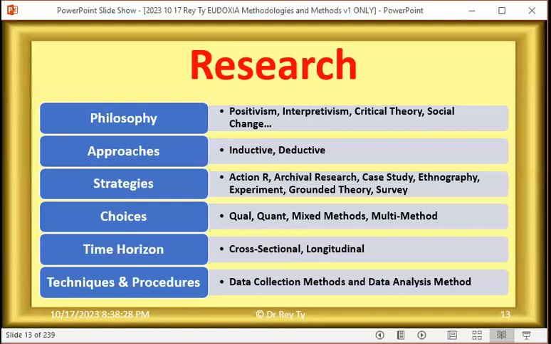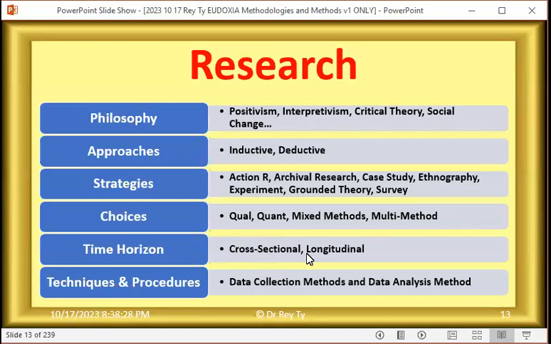Imagine Harvard does not look at metadata, rather it looks at one case and looking at it deeply and coming up with a journal article from which we can learn. Then you have field research, and then quantitative experimental research, grounded theory, and also the use of questionnaires. And choices, qualitative, quantitative, or mixed method.